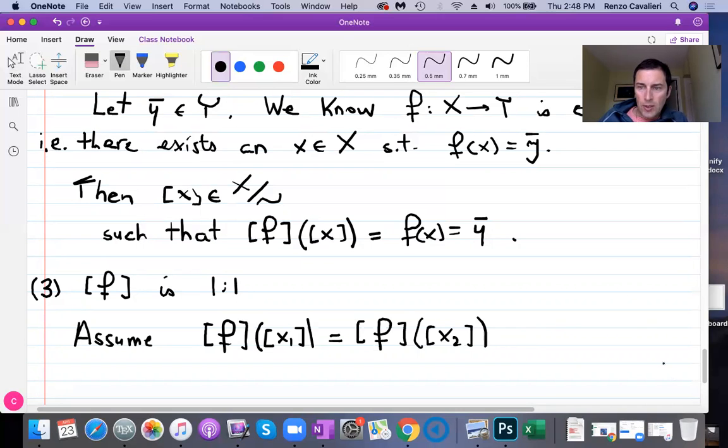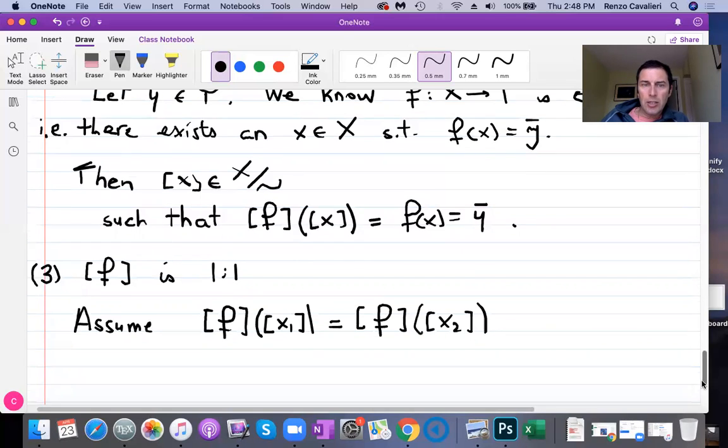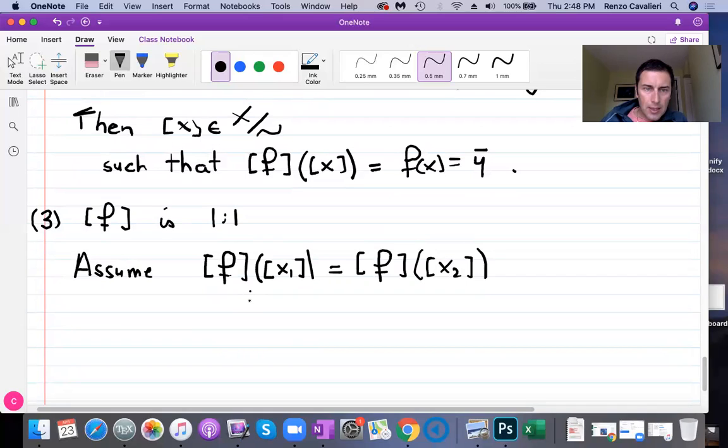So what does this mean? What is the definition? Well, this by definition is f of x1 is equal to f of x2.